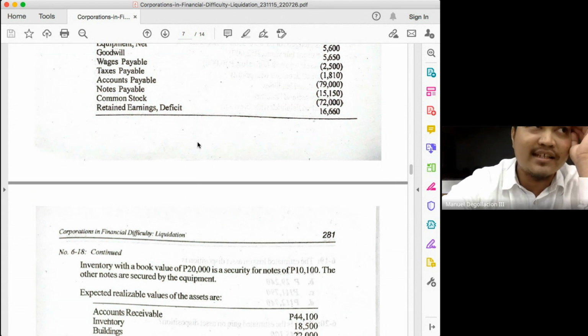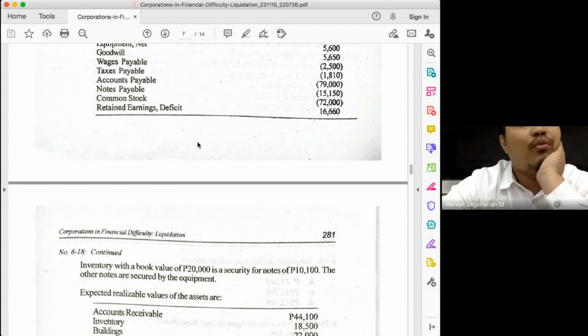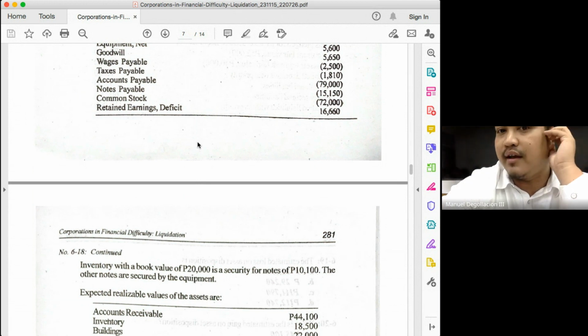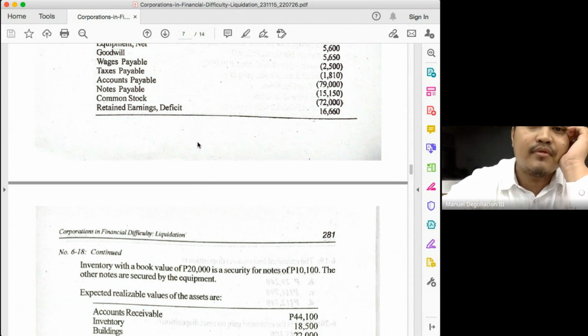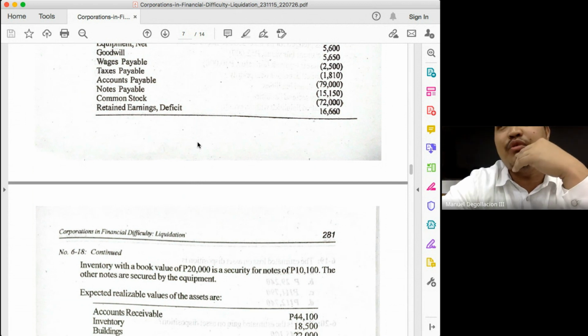So if you will be asking this problem, how much is the payments to unsecured with priority? Our answer would simply be the sum of your 2,500 and 1,810, which is 4,310. Why do we not need the recovery rate to determine the amount to be paid to your unsecured with priority?